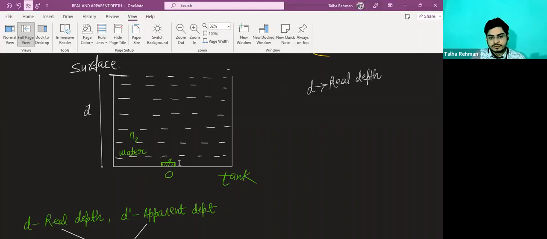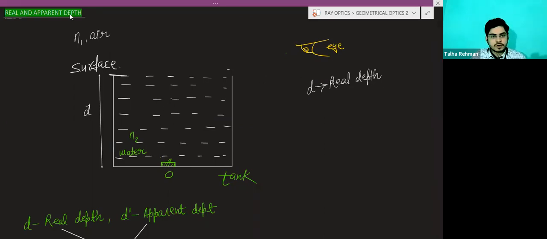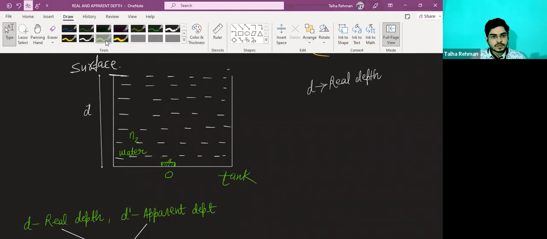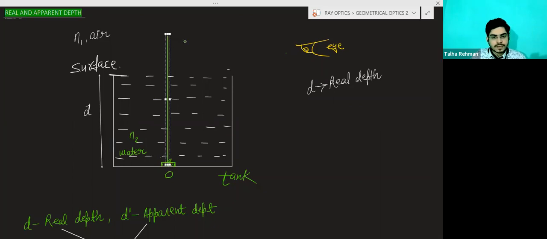So we will see where this object will appear when the observer sees it from here or here or here. For the image formation, suppose the first ray from the object is like this. This is a normal incidence, so it will pass straight.